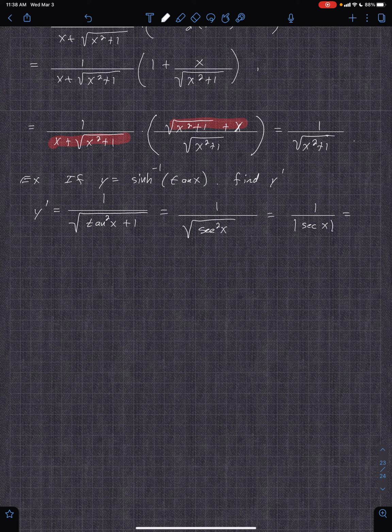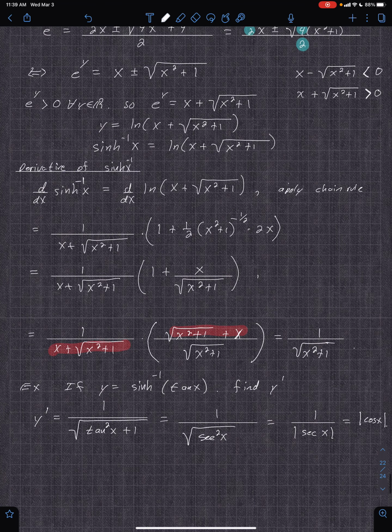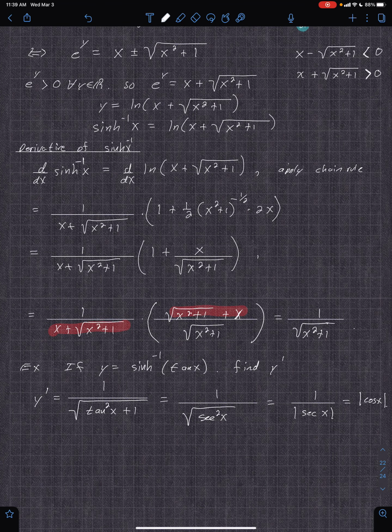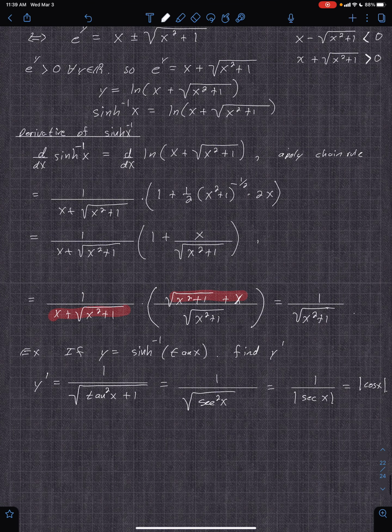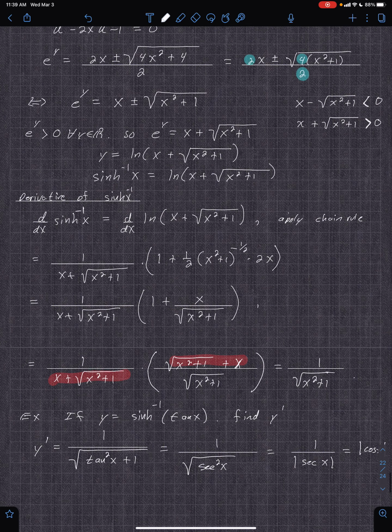But you can always do absolute values like the whole thing, because this is just a 1, and flip the secant, which becomes cosine. So this is just absolute value of cosine x. So a lot of this will work out nicely, some messy. You'd have to see. Okay, that finishes up chapter 7.